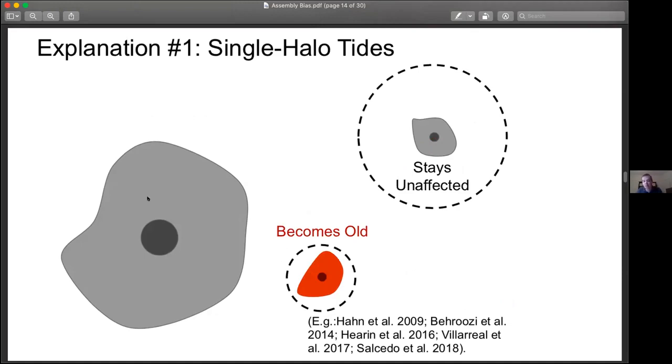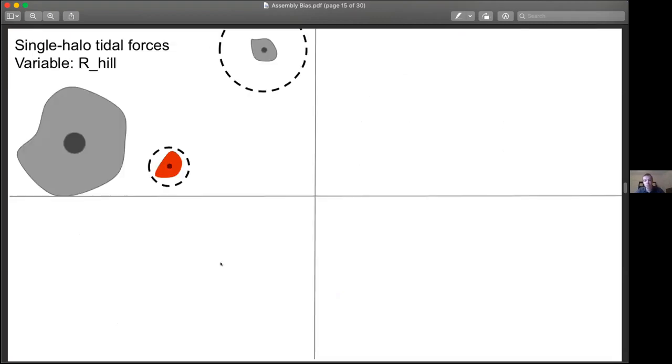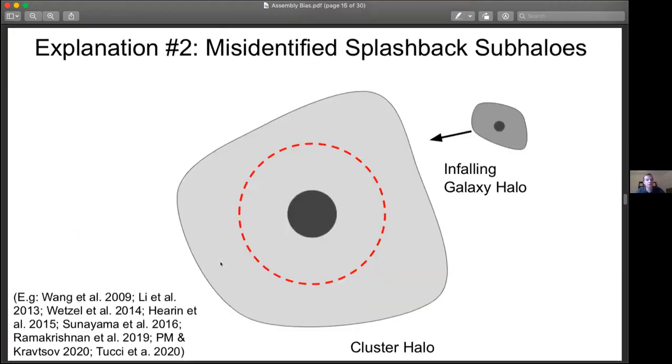And galaxy clusters experience heavy mass bias. They're much more common in dense regions relative to their average density than galaxy mass halos are, which means that this effect is a way to statistically shift the ages of galaxy mass dark matter halos in these dense regions relative to the rest of the universe, which can lead to the assembly bias signal. So this is going to be one of the 4 different approaches that I'll outline here.